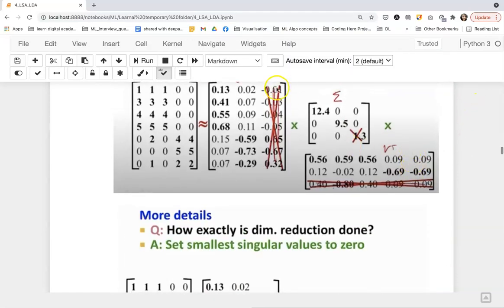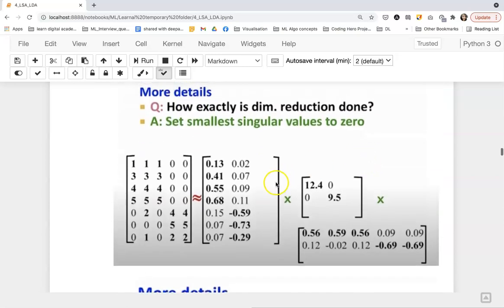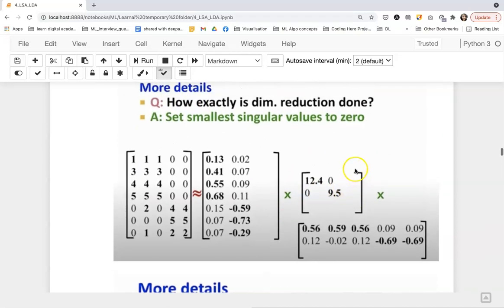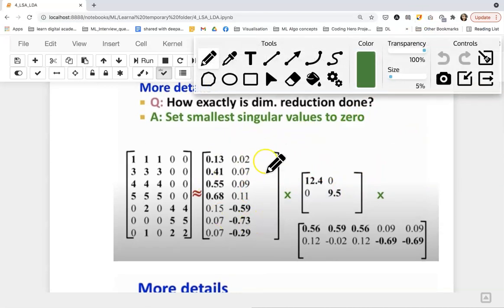Over here we are neglecting them, this column, this row, and this row and this column, so we will set all these values to zeros. Now after multiplying these matrices, this is U after removing that particular column, this is the singular matrix that we got after removing this column and this row, and this VT matrix that we got after removing this row.